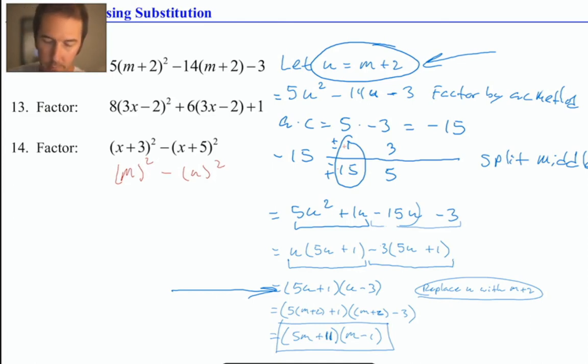In fact, maybe using a and b is better. A squared minus b squared, because when you factor that, you get a minus b times a plus b, or a plus b times a minus b, whichever one you want. That's it. All you've got to do is plug your x plus 3 and your x plus 5 back in place of a and b, clean it up, and put a box around it. You'll have yourself a final answer.